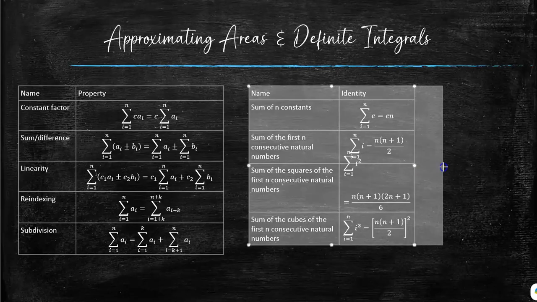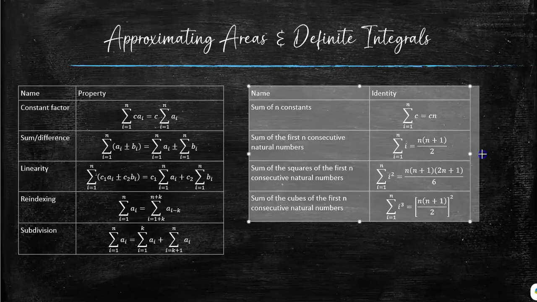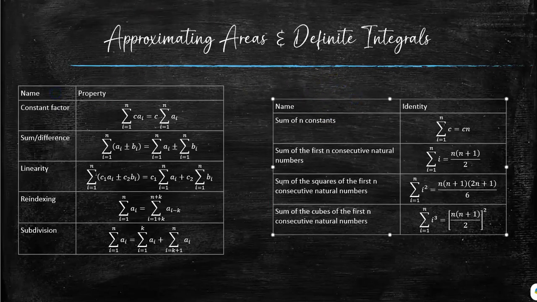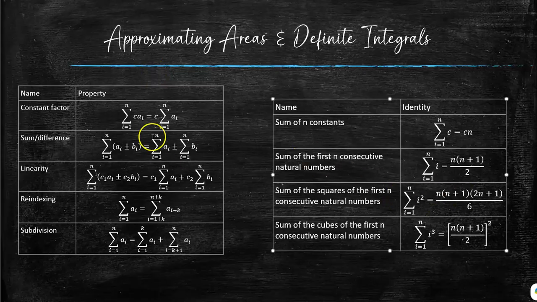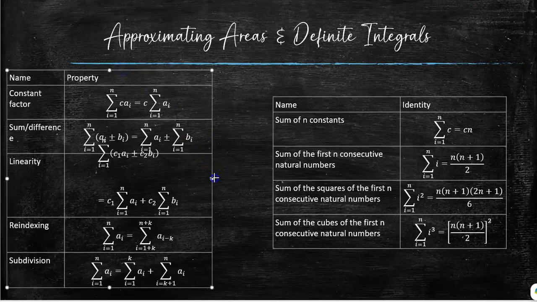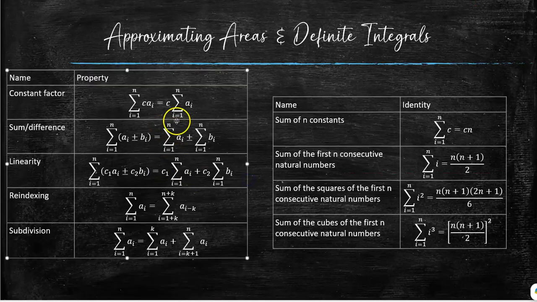These are some of the properties and facts that one is expected to know when it comes to sigma notation. To go really quickly through the list, sigma notation possesses the linearity property, meaning that a sigma of a linear combination is a linear combination of sigmas.